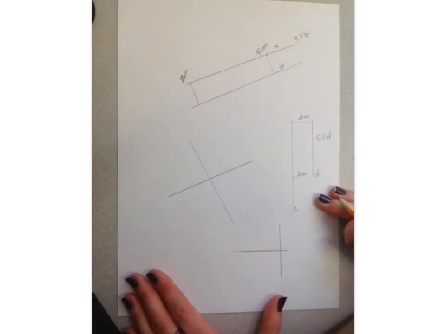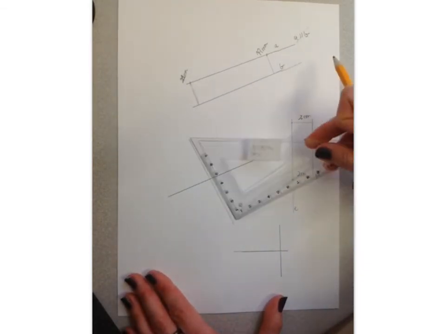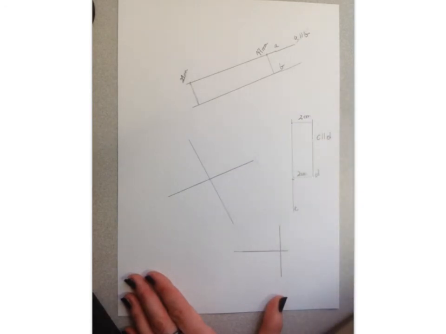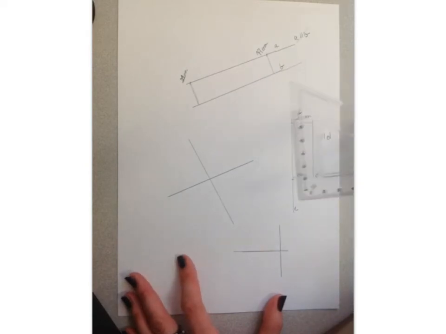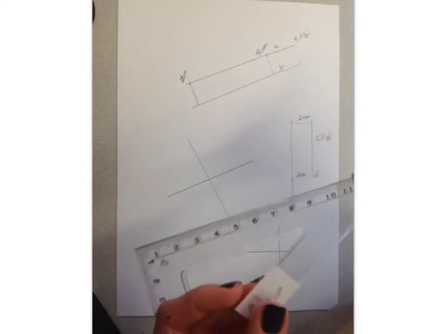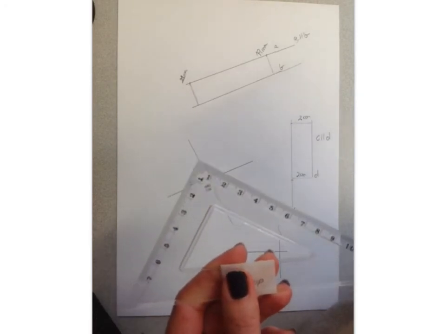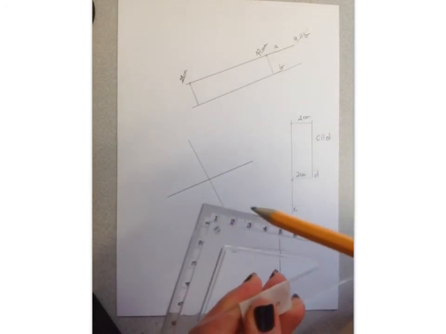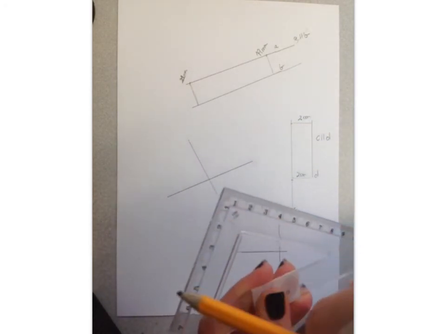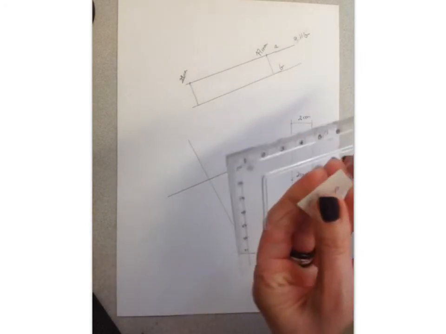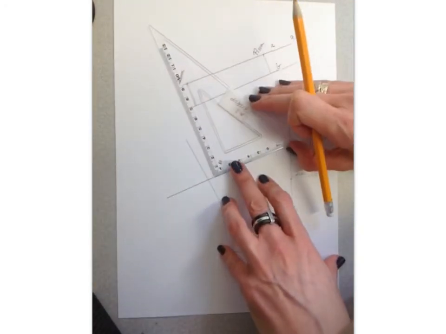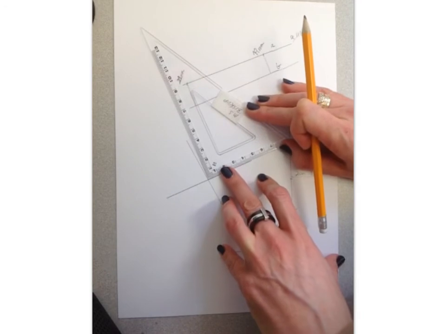Okay, then we have lines in here. We might look at them. Okay, they look like they are perpendicular, but we need to check it. And to do it we need to use the set square. Here we know we have 90 degrees. If we have 90 degrees in here, we can just put it straight in here.